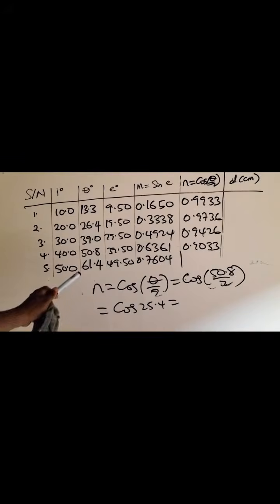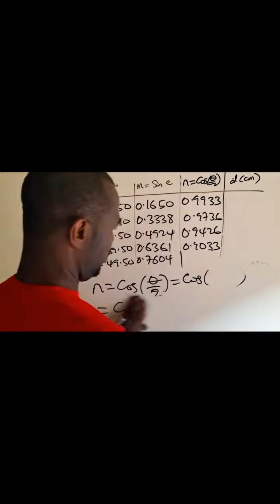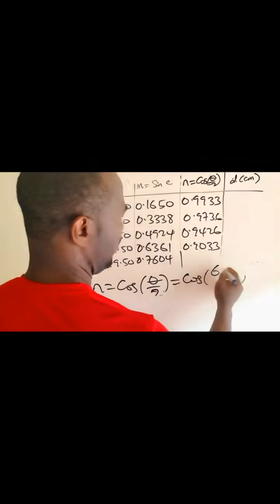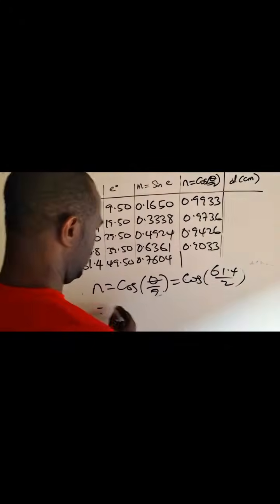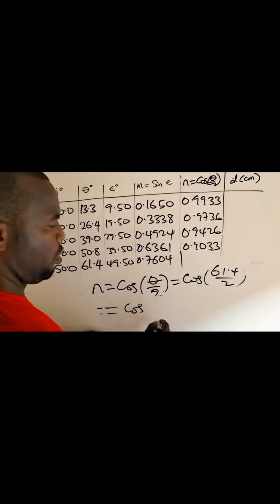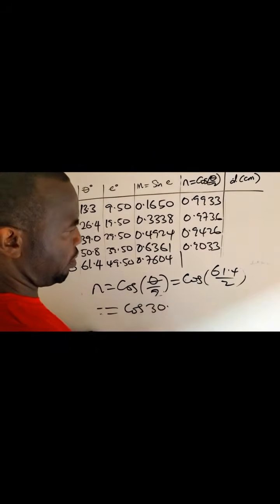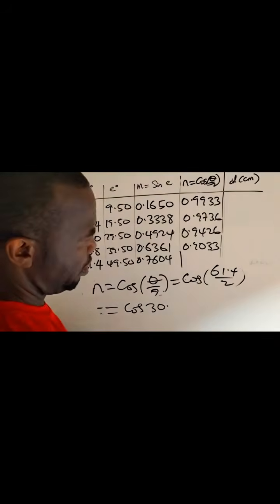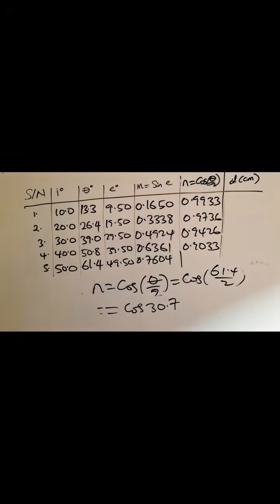Our theta is 61.4. Replace theta with 61.4 and divide by 2. We'll have cos 30.7. Let's confirm on the calculator. Yes, cos 30.7 will give us 0.8599.